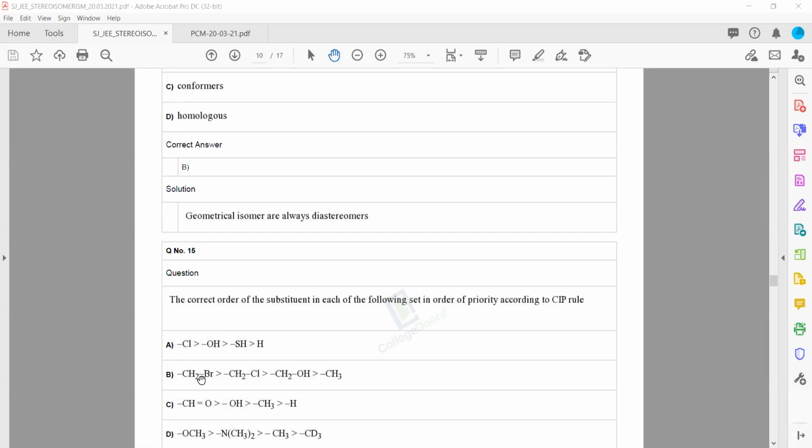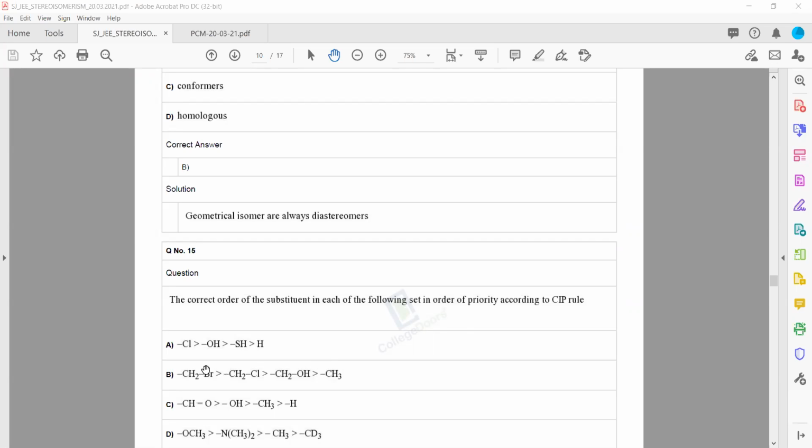So you create a set. The set created for the first one is Br with 2H, Cl with 2H, O with 2H and triple H. Obviously 2H is common. So the priority goes to CH2Br, then Cl, then O and then H. So the answer is B.